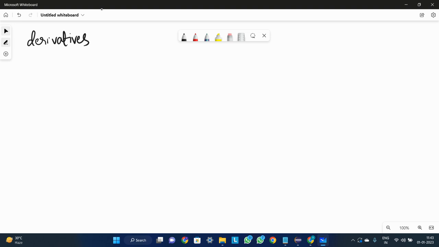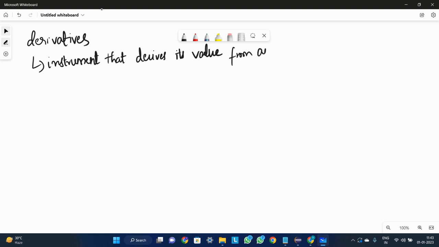The word generally means a derivative is an instrument that derives its value from an underlying asset. So first of all, let us unpack this statement and then understand what derivative means.